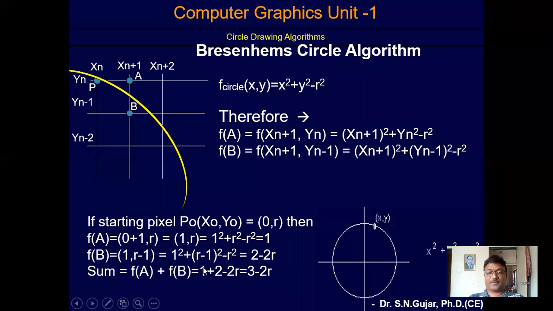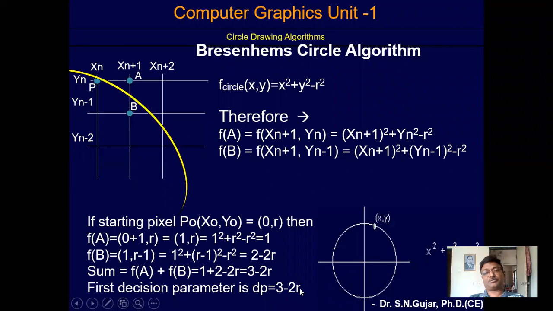That becomes 1 plus 2 minus 2r, so this is 3 minus 2r. This 3 minus 2r is my first decision parameter, dp. Suppose I take one variable dp equal to 3 minus 2r. This is my first decision parameter.